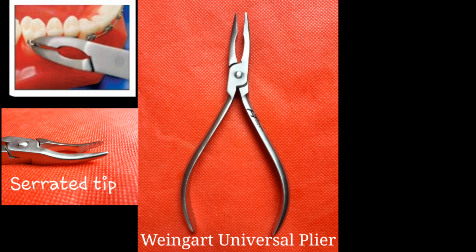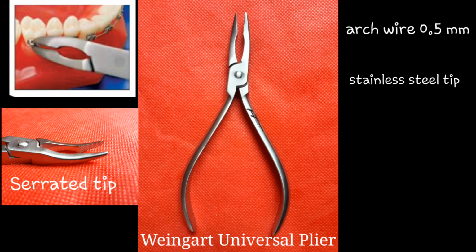It is capable of bending hard wires up to diameter of 0.5 mm. It is available in simple tip and it is also available in TC tip, tungsten carbide tip. And if we talk about the length, it is available in about 130 mm to 145 mm.